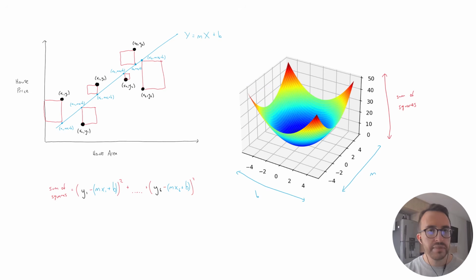And then you take each of those vertical distances and you square it. That's what this little 2 here means. Visually, you can think of that as making a square where all sides are of that distance. And then you add up the area of all those squares and you try to minimize that.